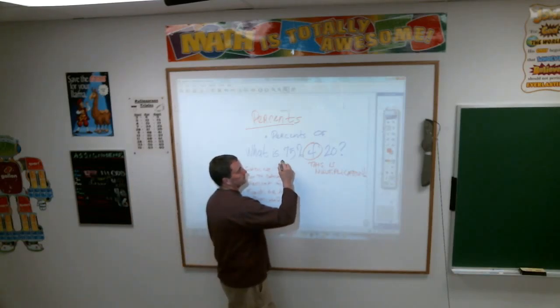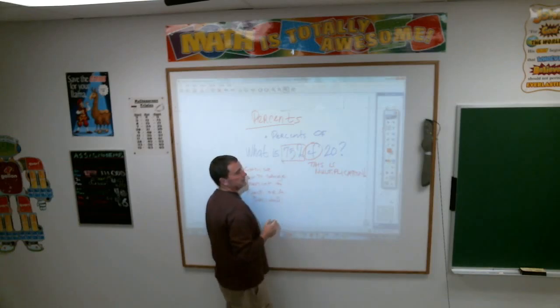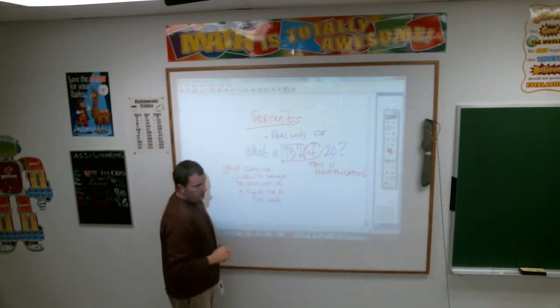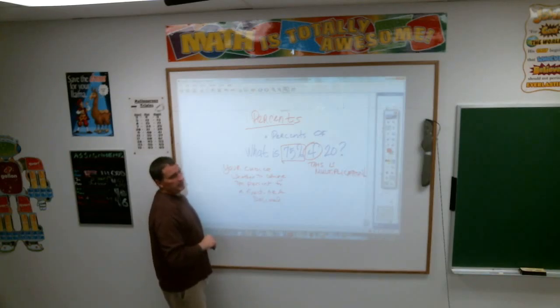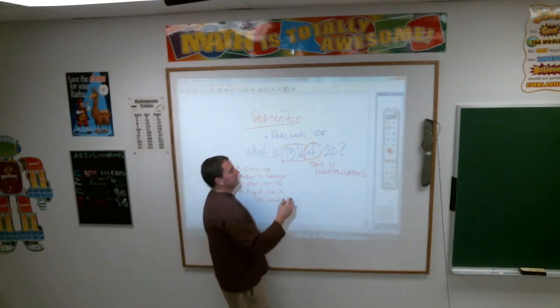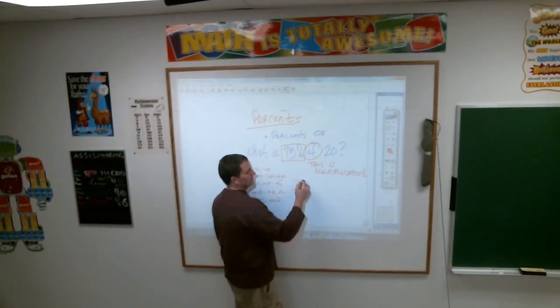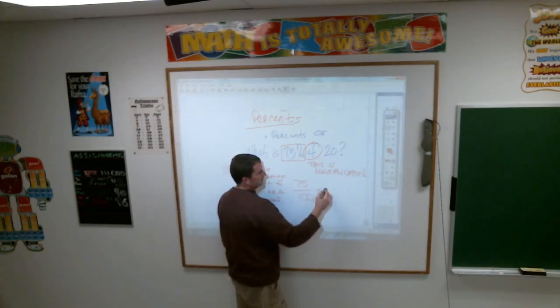In other words, this 75% is what we need to change because we don't deal with fractions very well. What is 75% as a fraction? And how do I know? Andrew? 75 hundredths. Right, because percent means out of 100. This is 75 over 100 times 20.